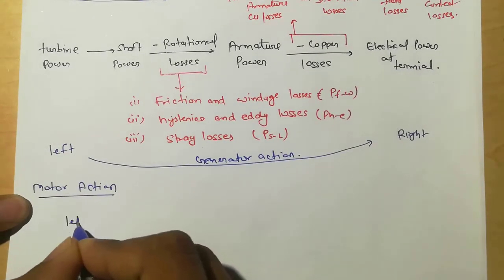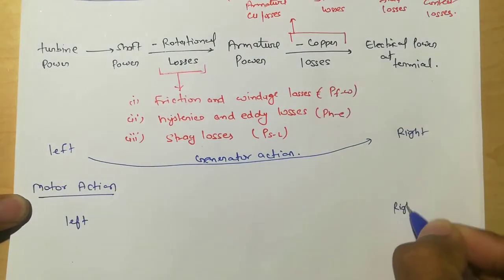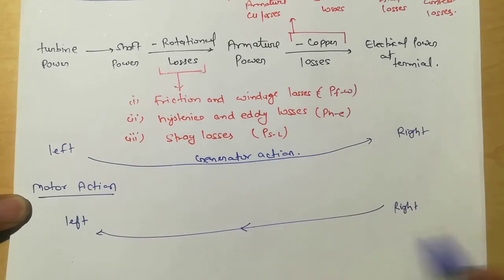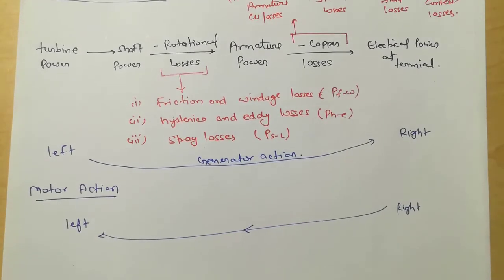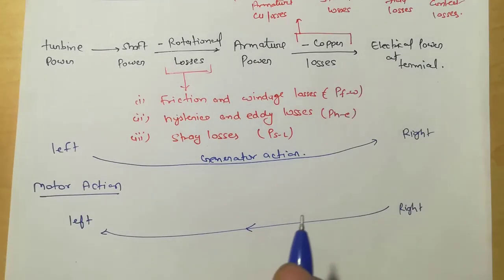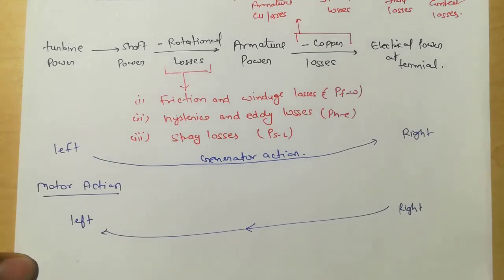This is because in the DC machine, generator and motor have the same characteristics. When we insert supply into a DC generator, it will behave like a motor, and when we extract supply from the DC motor, it will behave like a generator. So this is the motor action.